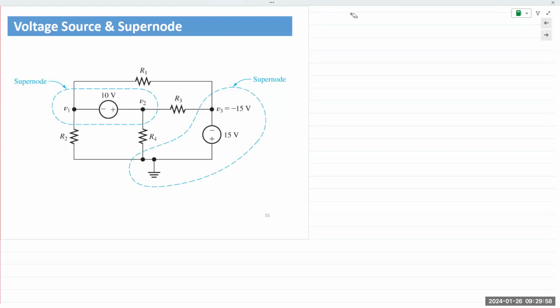Meaning, we do this. In this example, what I would do is, this is R3. I would simply remove the voltage source and place a short in its place. And this is R4.